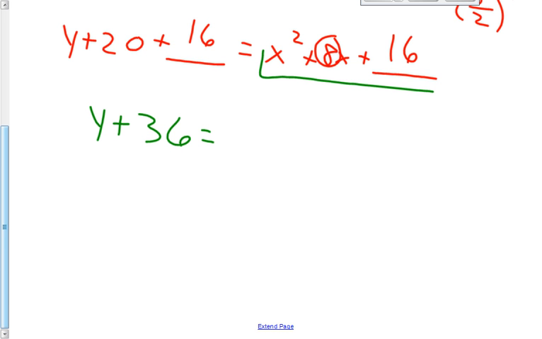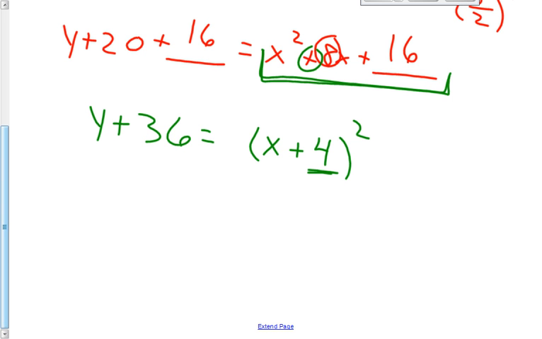This is a binomial squared. That binomial squared has the same sign in front of b, so if it's positive, it'll be positive here. It's always x right here, and then this one is b divided by 2, which is 8 divided by 2, which is 4. So this trinomial factors down to x plus 4 times x plus 4, which is x plus 4 quantity squared.